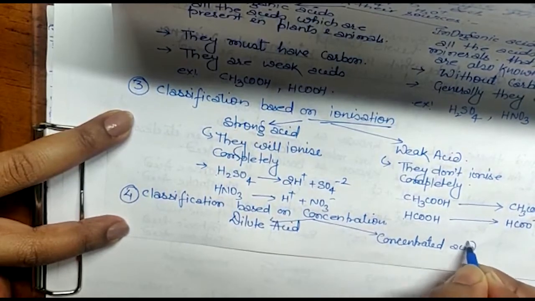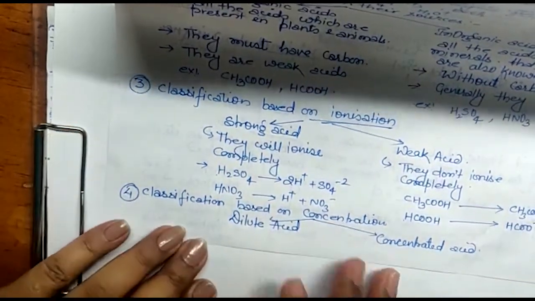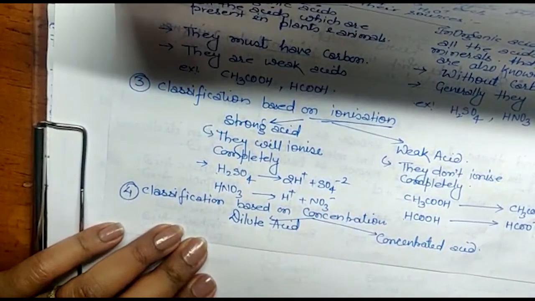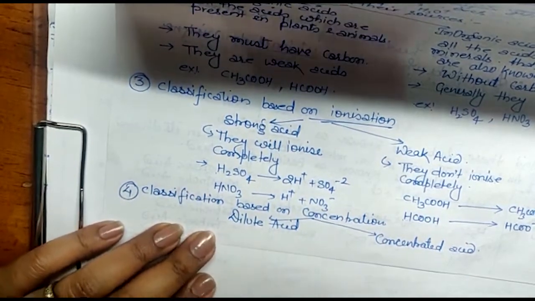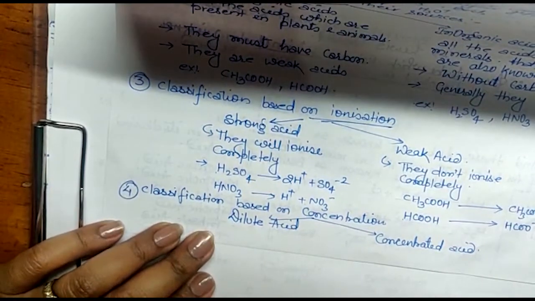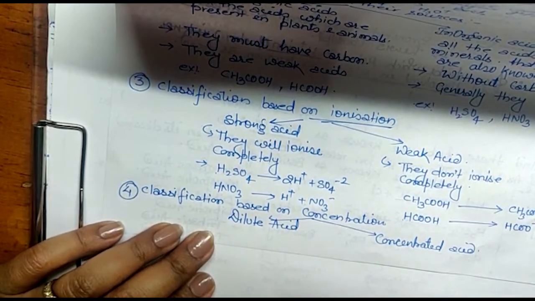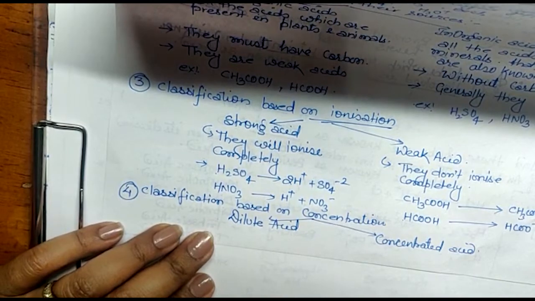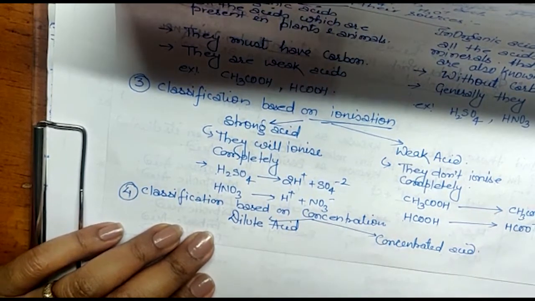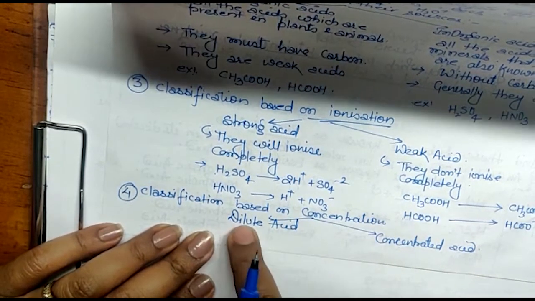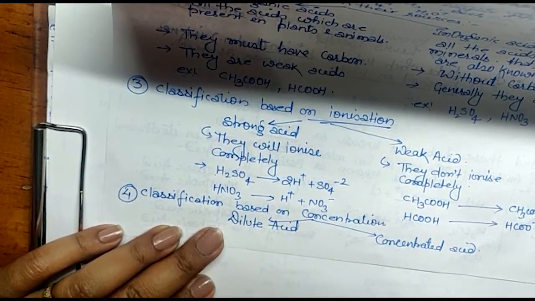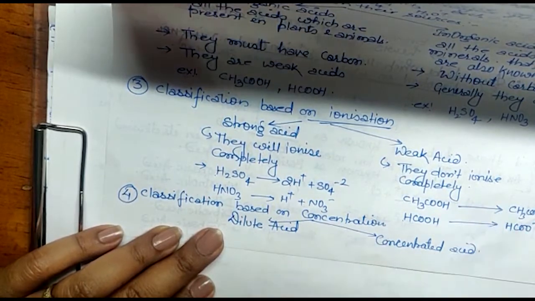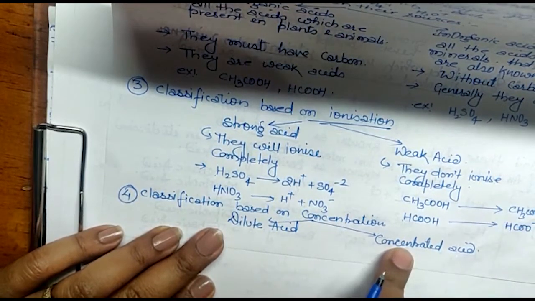What does that mean? An acid can behave as an acid only when it is dissolved in water. If the amount of water in that solution is more, then it will be considered a dilute acid. And if the acid content is more than the water, then it will be called a concentrated acid.